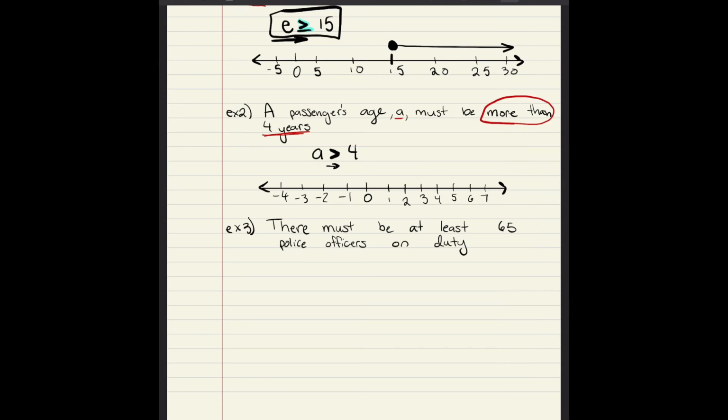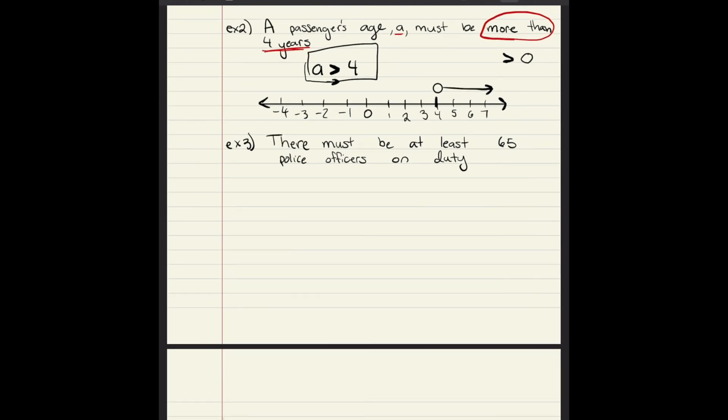This is more than, so it doesn't have an equal to, so it's going to be an open circle. So we're at 4, and so it's an open circle. And this arrow is telling us that we have to go that direction. And that's it graphed. So your answer would be A is greater than 4, and then when you graph it, it would be an open circle pointing to the right.